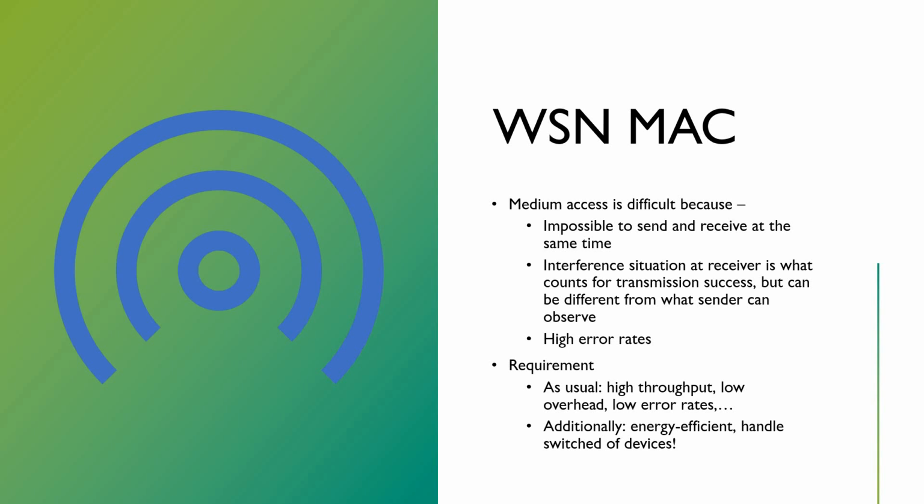So the most important thing to detect a collision is to understand the situation at the receiver, but that is difficult in wireless scenarios because the signal range decreases as it goes to a specific distance. This is another reason why collisions cannot be detected and the interference situation at the receiver cannot be understood.